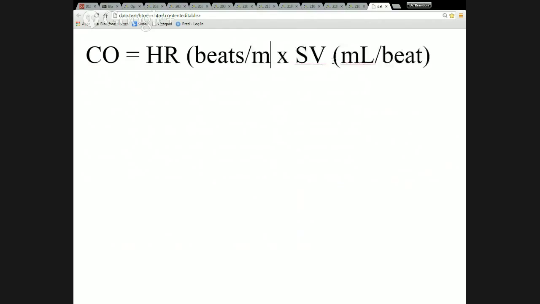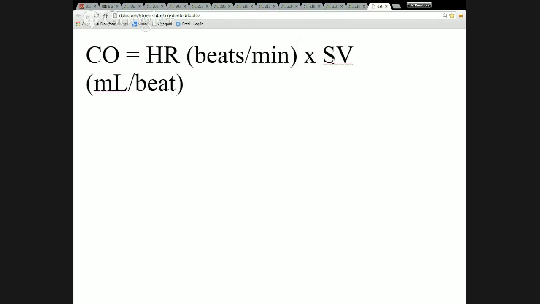And stroke volume is traditionally in milliliters, and that's how many milliliters are ejected per heartbeat. Sorry, I left early and totally forgot about that. And so heart rate is the number of beats per minute.